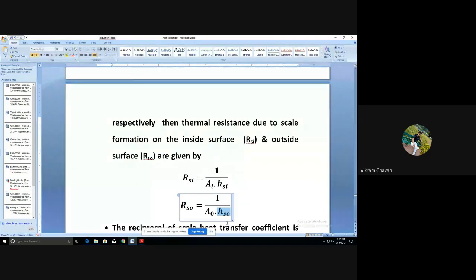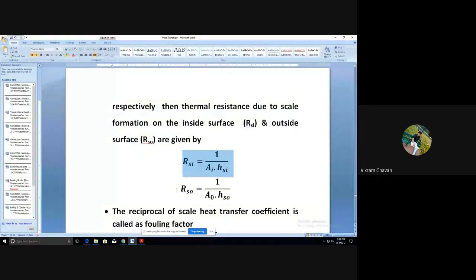Then the resistance offered by the scale, or the fouling, on the inner surface can be given as R suffix si, which is equal to 1 divided by A suffix i multiplied by h suffix si. That is, R suffix si is the scaling resistance on the inner surface, A suffix i is the inner surface area available for the heat transfer, and h suffix si is the equivalent convective heat transfer coefficient of the scale on the inner surface.